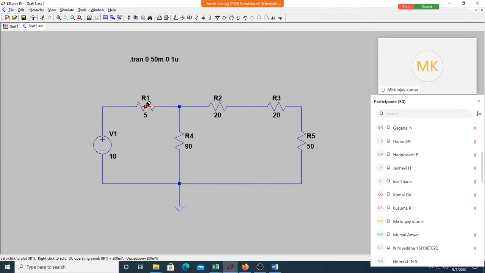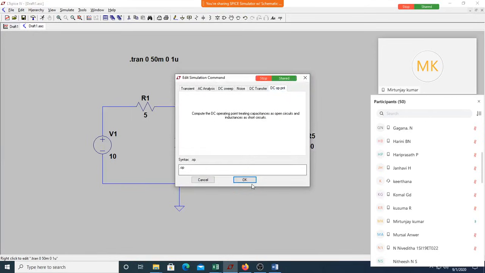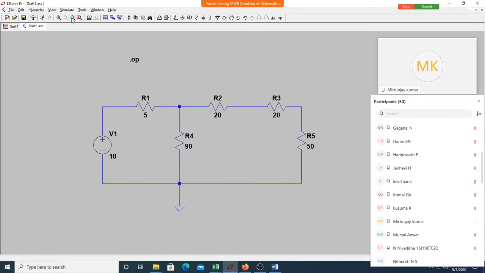Now if you can see here, this is the current expected going from left to right, and then top to bottom. Suppose if you do dot OP now, if I run it, do you expect all the currents will be positive? Yes, sir. Let us see.